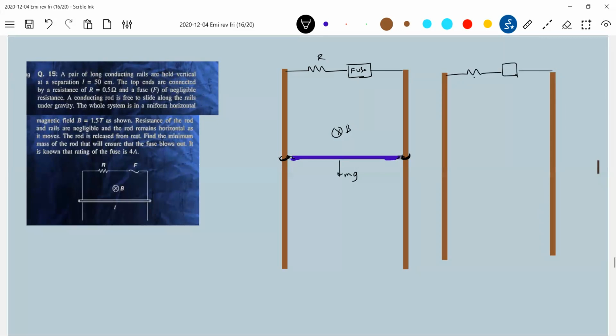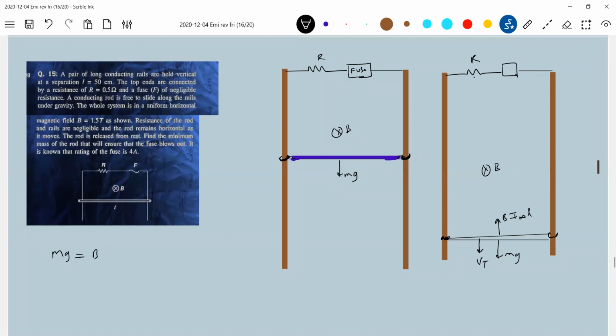So after a long time, this will be mg, and there's a terminal velocity, I infinity we used to call it. Straight away you can get that particular condition. So mg is equal to BI infinity L, and it will be moving with a constant velocity.